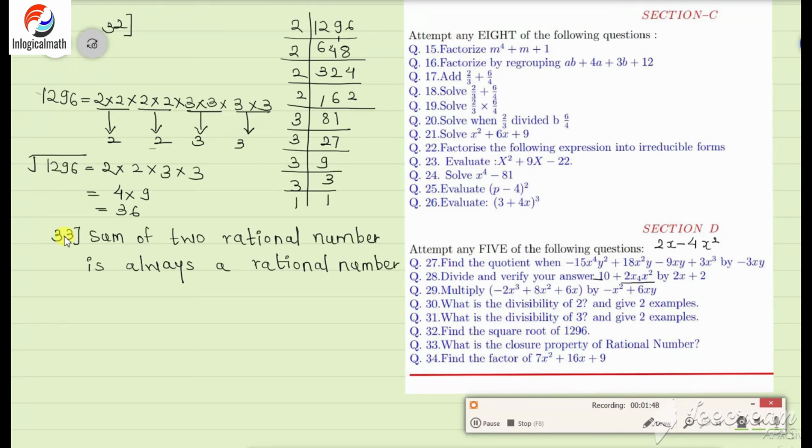So let the two rational numbers be A upon B and C upon D. After adding A upon B plus C upon D, we will again get a rational number.